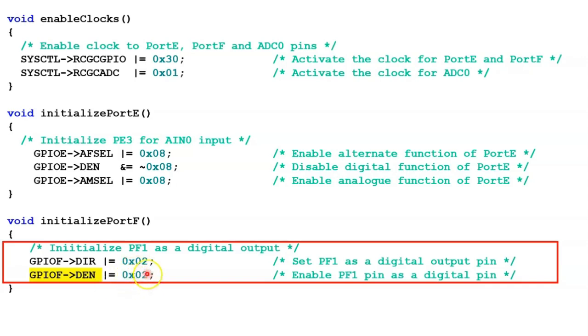So if we look at 0, 2 hexa again, in binary, that would be this. This is bit 1. So using the bitwise OR operator, port F bit 1 is set to a 1. So this basically ensures port F bit 1, or PF1, functions as a digital pin.